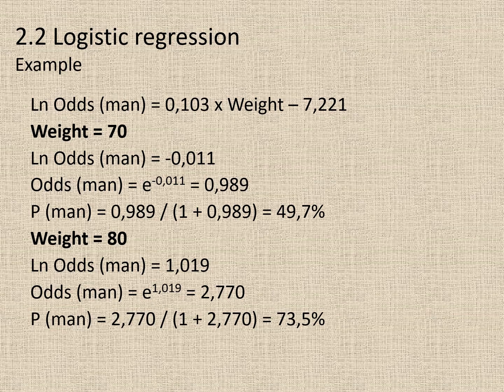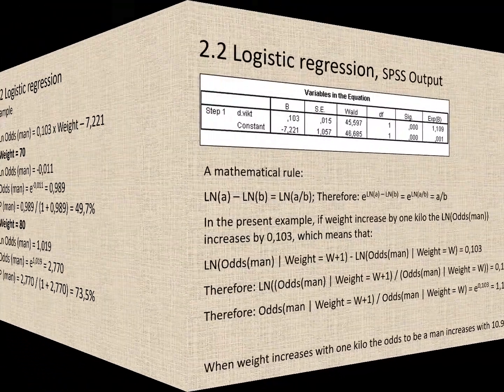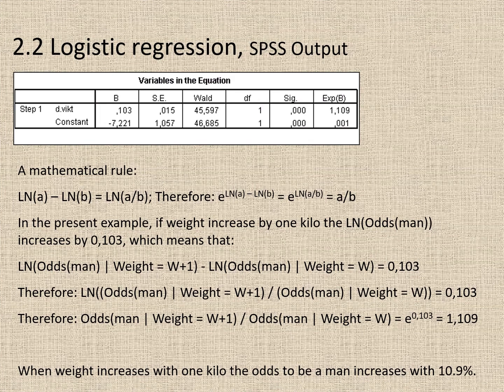The difference between, that's what the natural logarithm is all about. That's why he used the natural logarithm. If you have two values, a and b, and we take the natural logarithm of those, and take the difference between them, that is the same thing as taking the natural logarithm of the ratio. It's a mathematical rule.